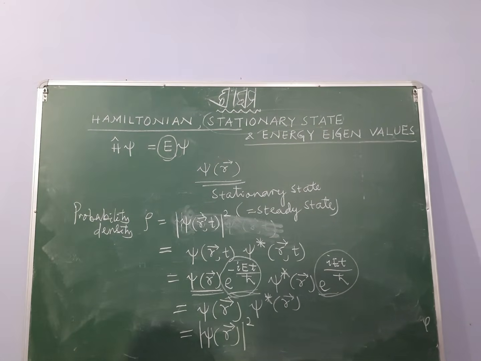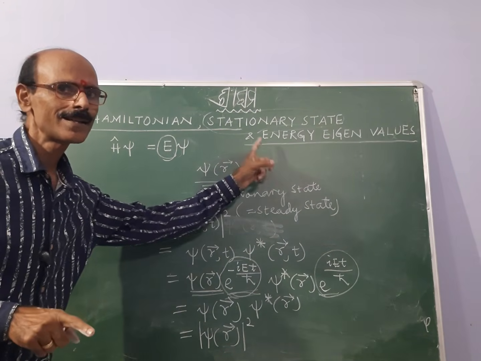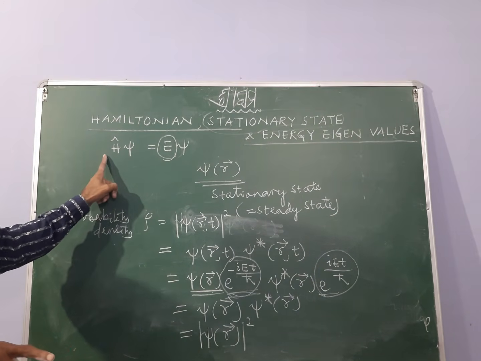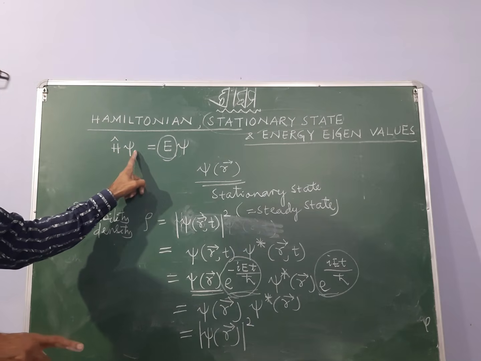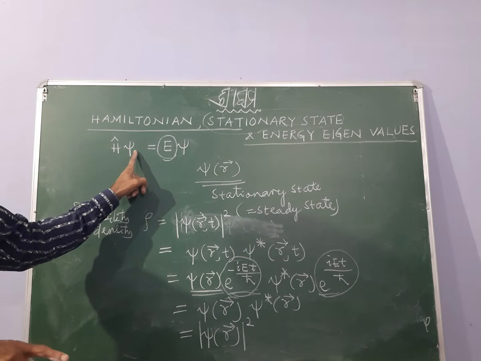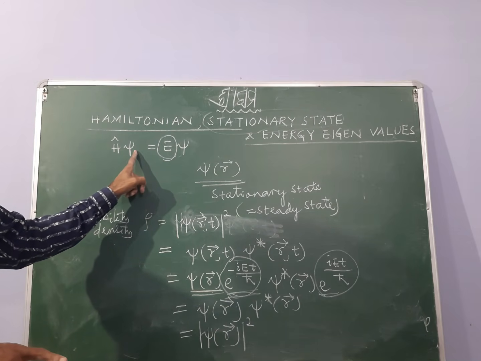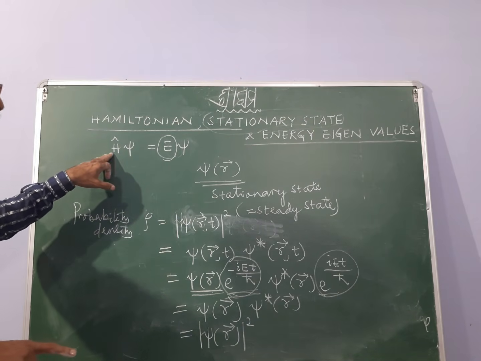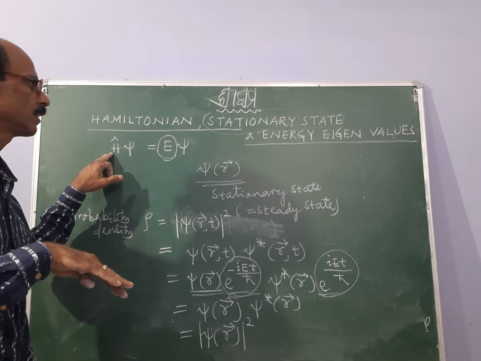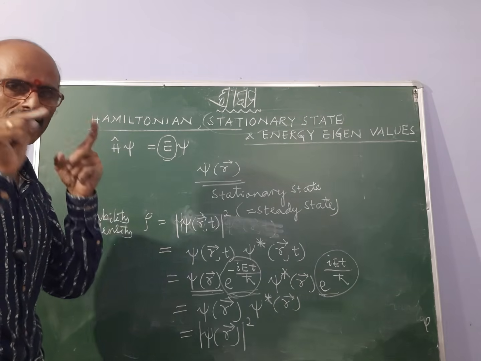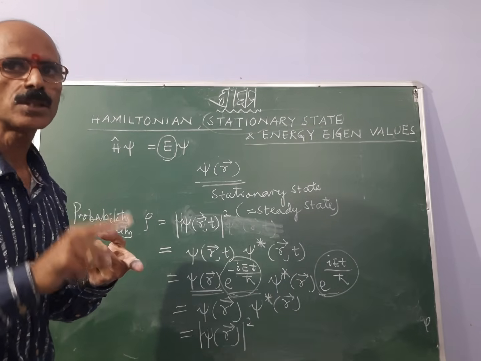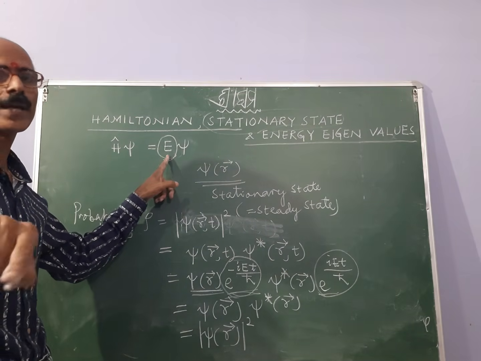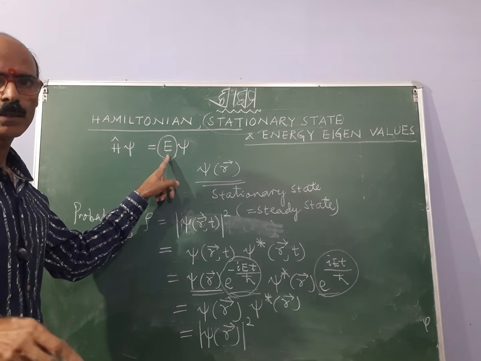First thing you remember is that to obtain the energy eigenvalue you must operate the wave function with the Hamiltonian operator. If a stationary state wave function is operated with Hamiltonian, then the specific allowed energy for that operation is obtained.